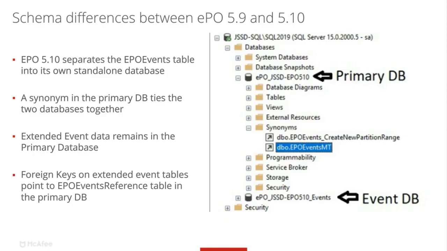You can't foreign key to a totally separate database or through a synonym. So for that reason, we have the ePO events reference table that has all of the auto IDs in the events database, and that allows the extended events tables to continue to have their foreign keys. We will cover this a little bit more towards the end of the presentation.